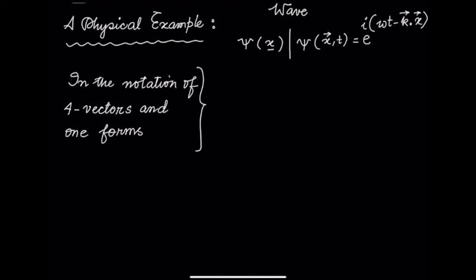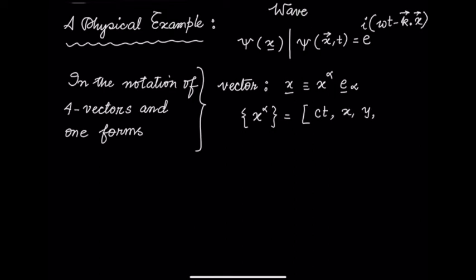What is the vector for x? Now I mean a 4 vector. The vector corresponding to x I can also write as x alpha e alpha. The question is, what are its components? Well, remember, the x alpha components are ct, x, y, and z.